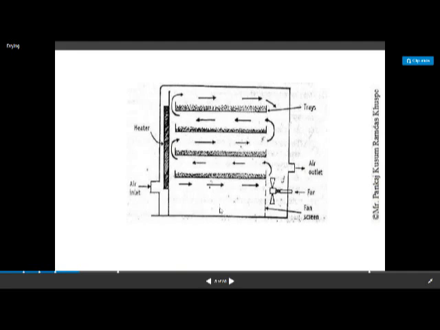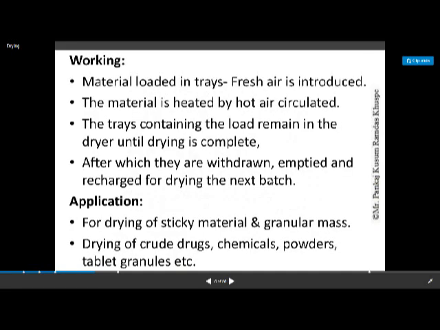So there is continuous circulation of the heated air on this tray, and due to that the moisture present in the tray evaporates, and the product will dry, right?